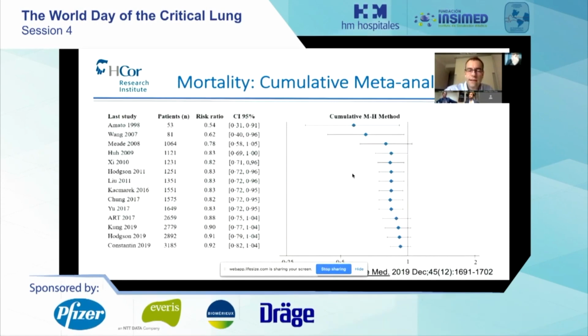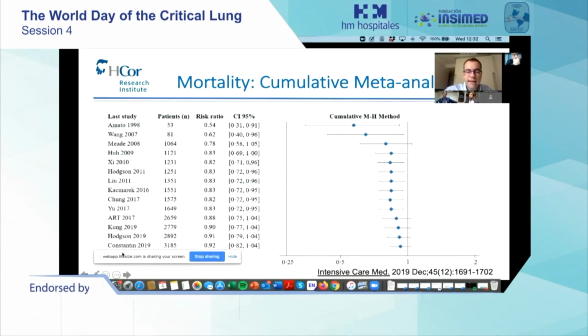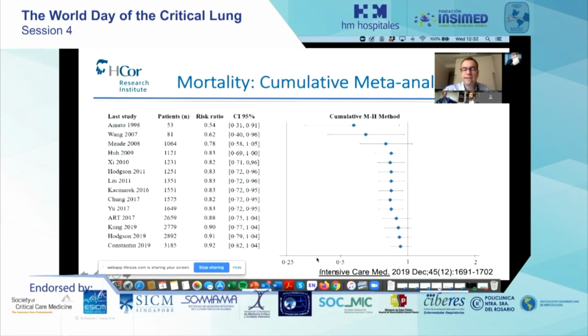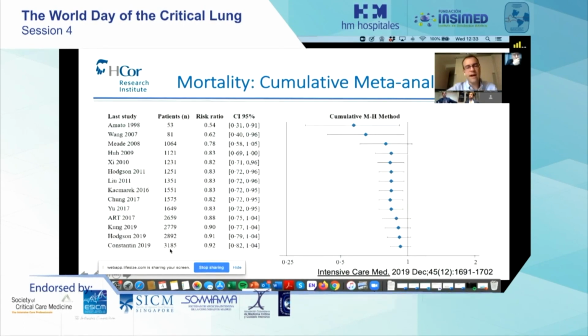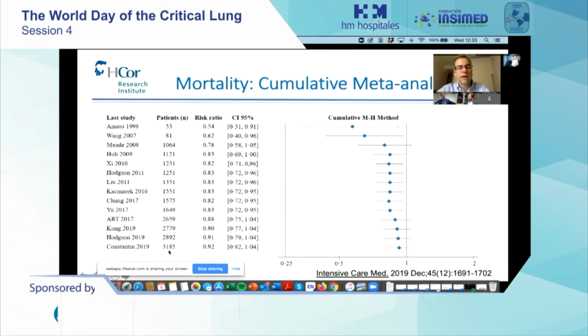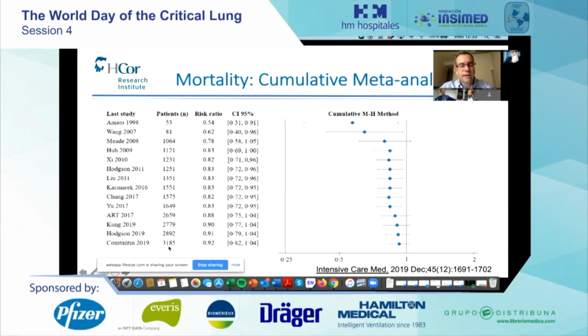Very recently, we have this meta-analysis published in Intensive Care Medicine, and after ART, you can see that more studies have been published, totaling more than 3,000 patients with ARDS recruited in lung recruitment trials.